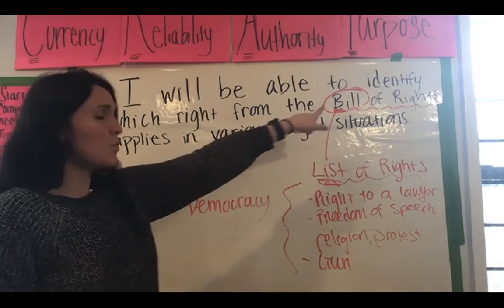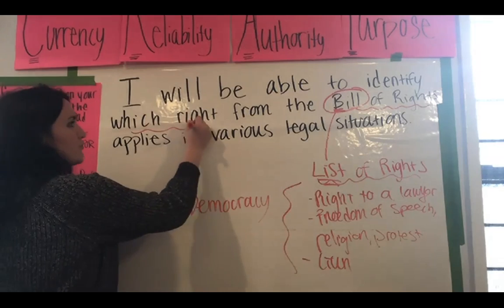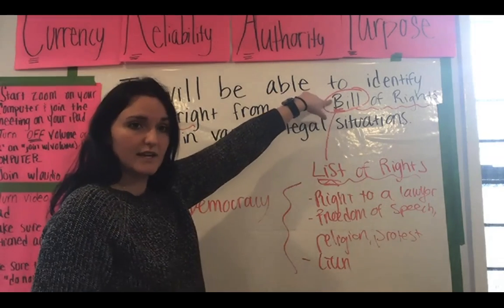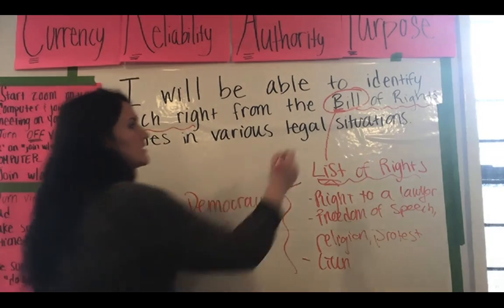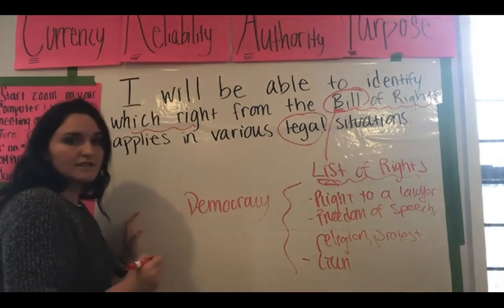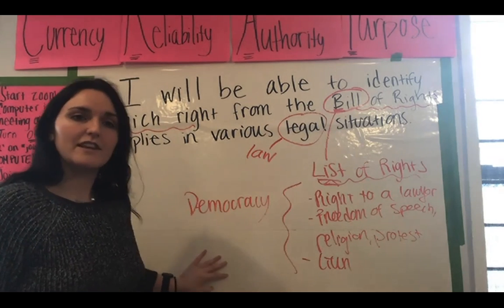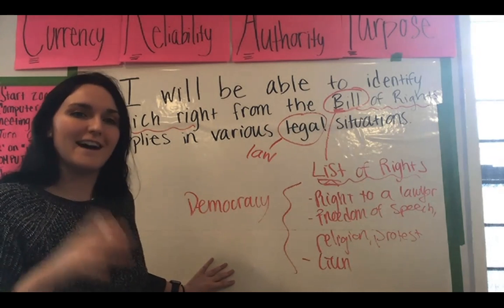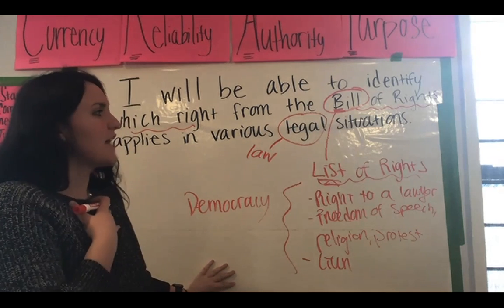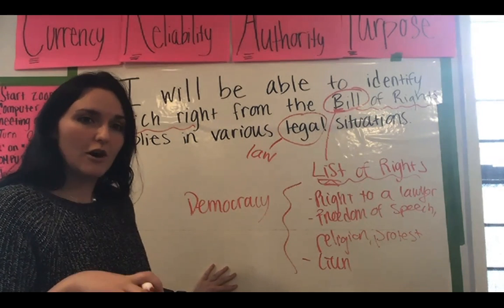Today, what you're going to do is identify which right from this list that we studied yesterday, the Bill of Rights, applies in various legal situations. Legal simply means it's related to the law. Specifically, what you're going to do is play a game from a great website called icivics.org that allows you to pretend to be a lawyer, and you're going to own your own law firm.